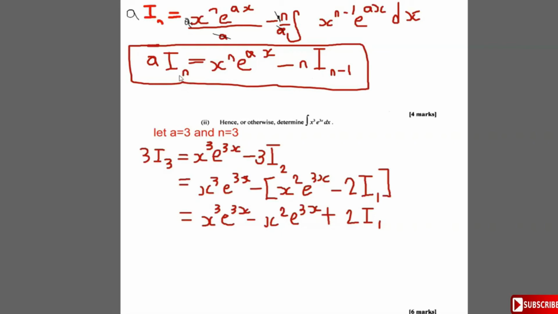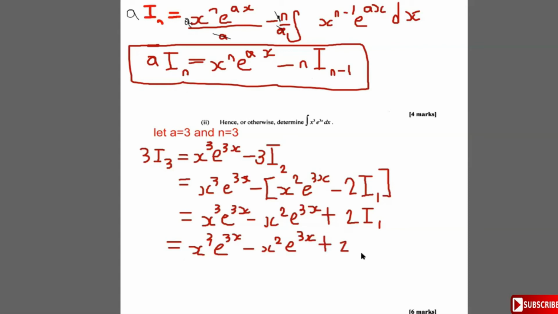To find out what is I1, we'd have to divide through by a to get what is I1. So I1 means we're going to put n as 1. And so what we're going to get is x cubed e to the 3x minus x squared e to the 3x plus 2 times what is I1.